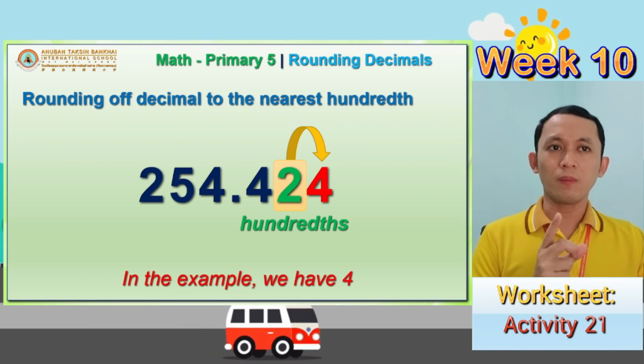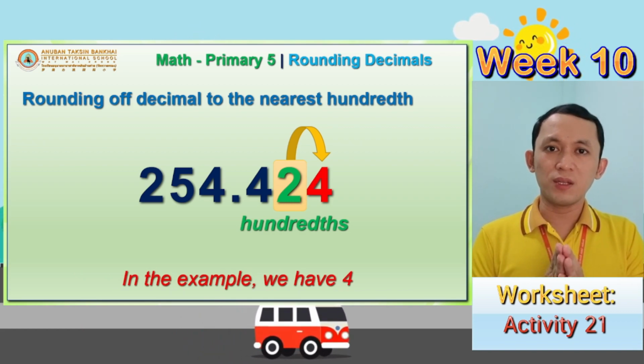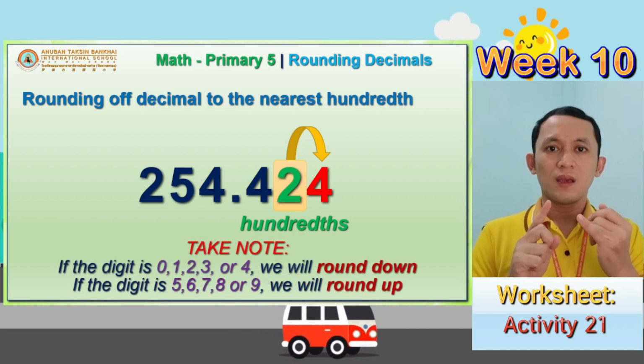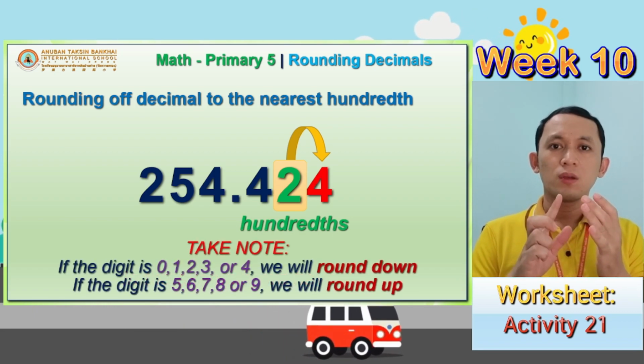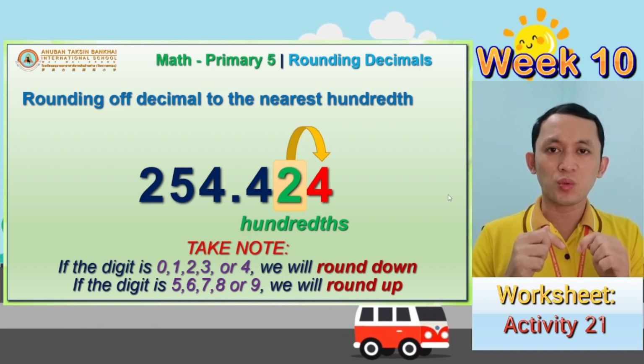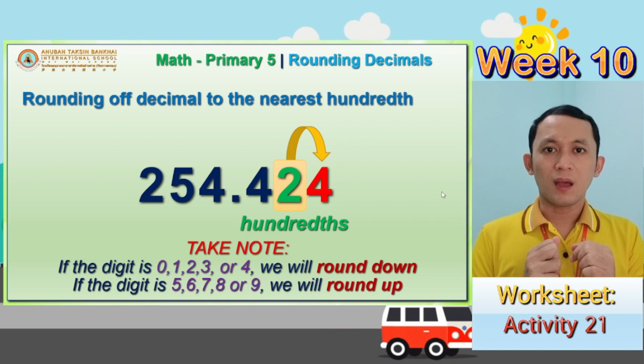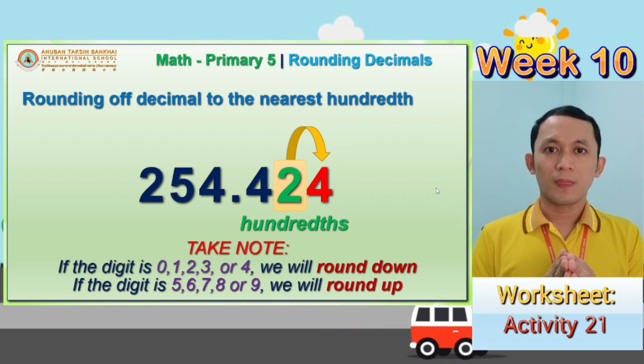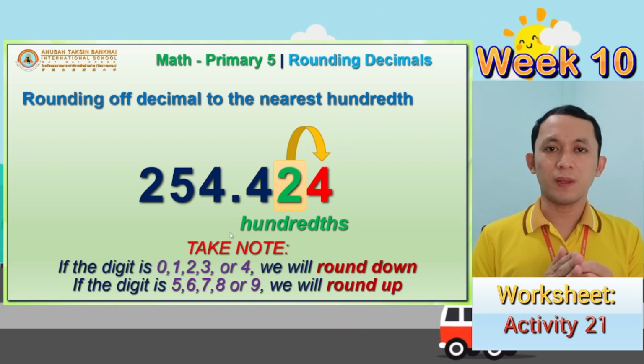Now remember, when the digit on the right side is 0, 1, 2, 3, or 4, we are going to round down the number on the hundredths place.